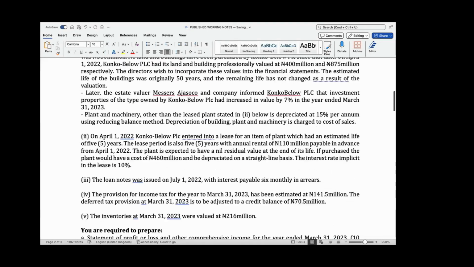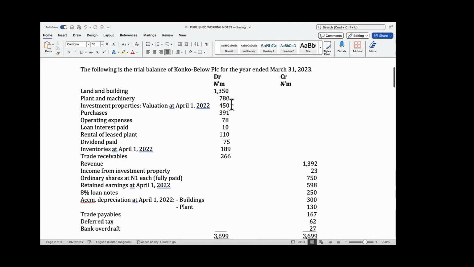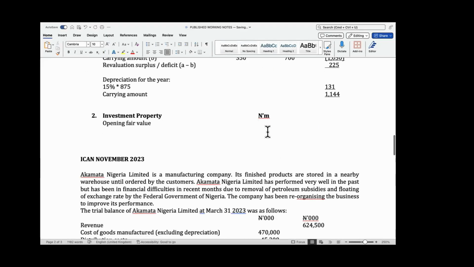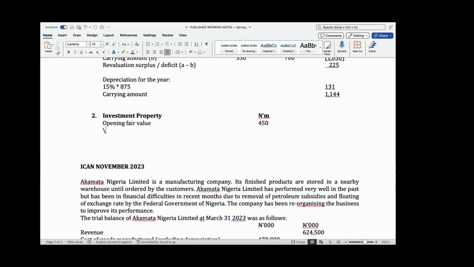As given in the question, at the beginning it was 450. Now, there is a fair value surplus, which is it increased by 7%. So what's 7% of 450? 31.5. You can approximate to 32.